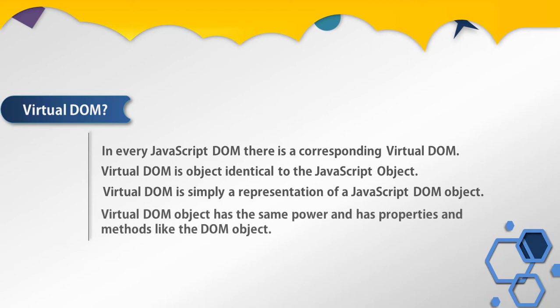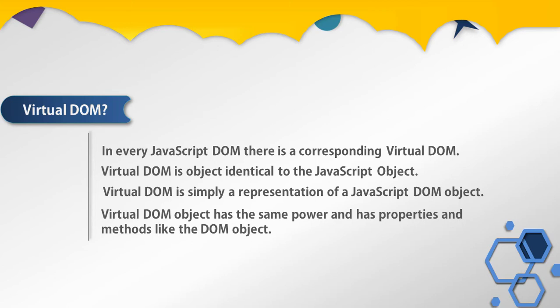Virtual DOM object has the same properties and methods as a DOM object, but virtual DOM can't decide what's on the screen. Virtual DOM is just like a blueprint where you can decide to move your bedroom just beside the hall, but not actually move it, because it is just a blueprint.